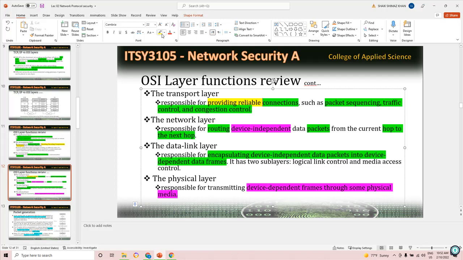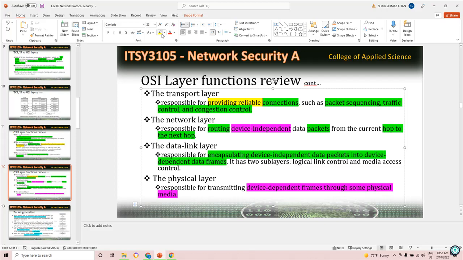Otherwise, data which came in the front might reach at the end, as the last packet. So this is the job of the transport layer, to sequence the packets and arrange them in order before they are given to the application layer.